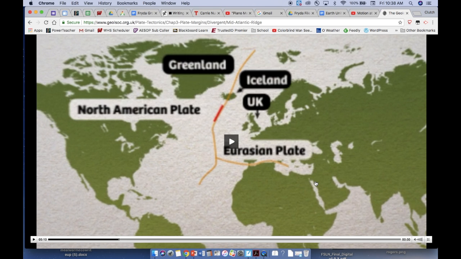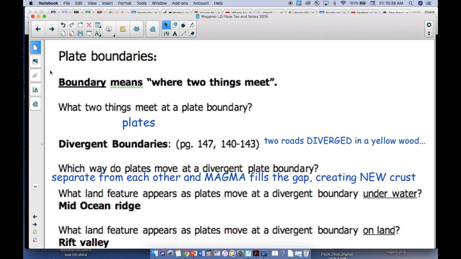And this video that you see is going to show how this divergent plate boundary in the middle of the Atlantic Ocean, where this little red segment is highlighted here, will show us how we have used old technologies to help us to understand what's happening. Let's talk a little bit about how that technology has changed before we see what happens with the divergent plate boundaries.